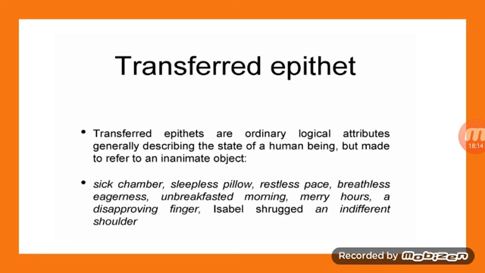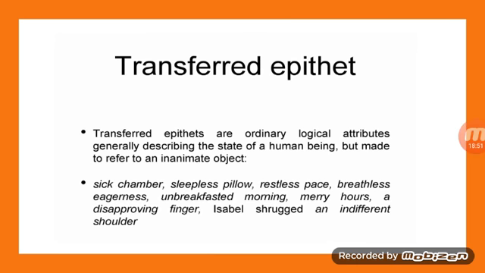So mainly what is being conveyed here is that the transferred epithet is a figure of speech that always describes a human trait, but with an inanimate object, meaning a non-living thing. And if you want to identify a transferred epithet, you must remember one thing: in this, two words are there.